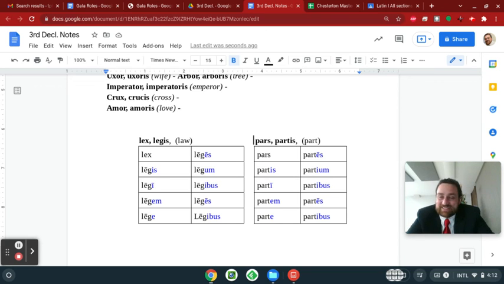And that's going to be the exact same in the third declension. So it's not going to be much harder at all. But what's the deal with the genders of these words that are like lex legis and words that are like pars partis? So both masculine and feminine words can be declined like lex legis, and both masculine and feminine words can be declined like pars partis. So it doesn't really have anything to do with gender.